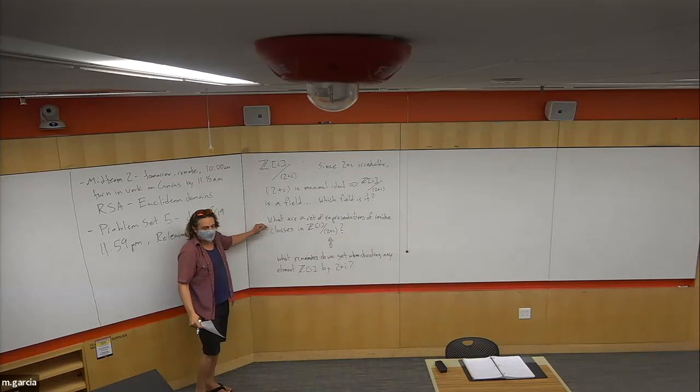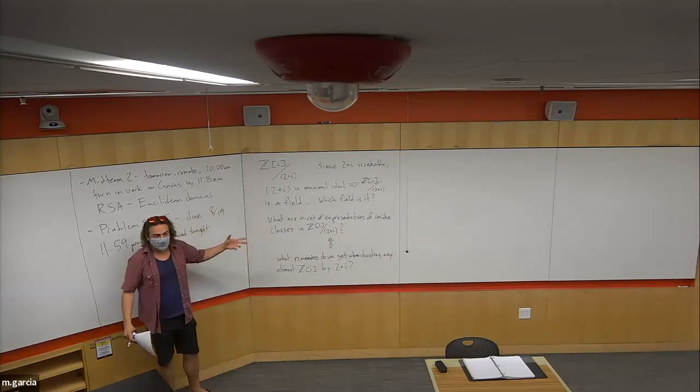This is how we narrow this question down. We want to look at what the restrictions are on the remainders we can get when we divide by 2 plus i, right?